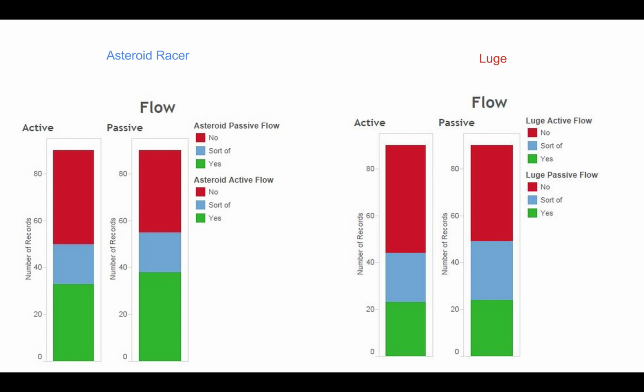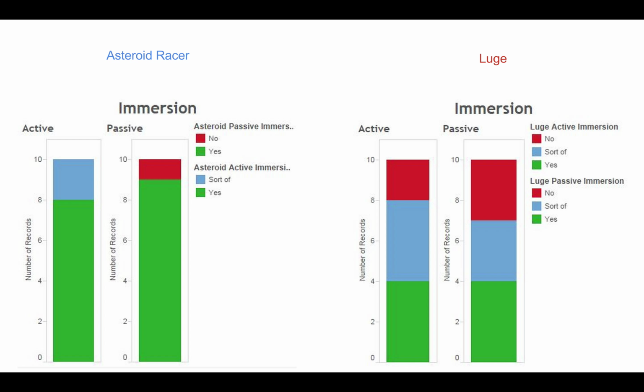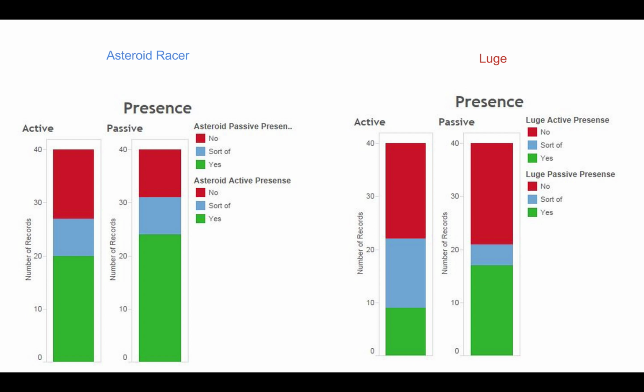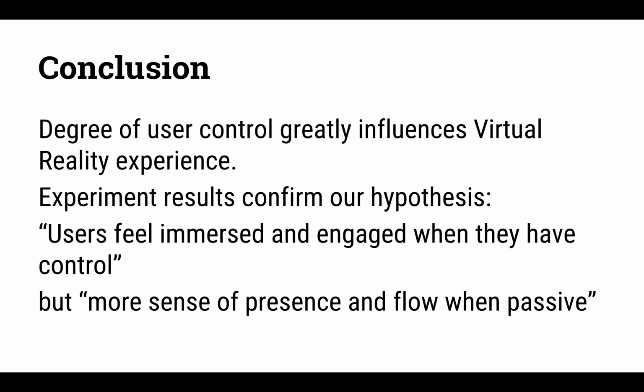The same is the case with flow, immersion, and presence. So we can say that the degree of user control greatly influences virtual reality experience. The results confirm our hypothesis that users are more immersed and engaged when they have control versus when they are only watching the game and not actually playing it.